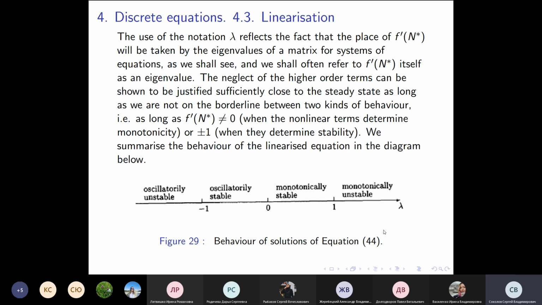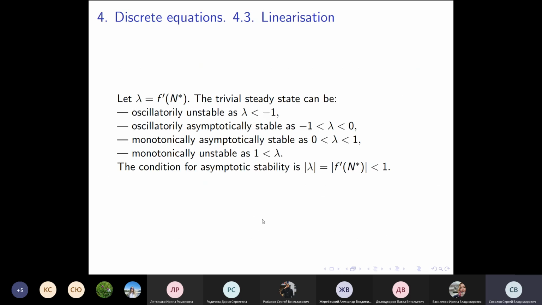We'll see that we can derive it from this condition. Then we'll see that there are some 2-period solutions, and these 2-period solutions can also be stable or unstable, so we can analyze their stability. Well, that's all about today's lecture.